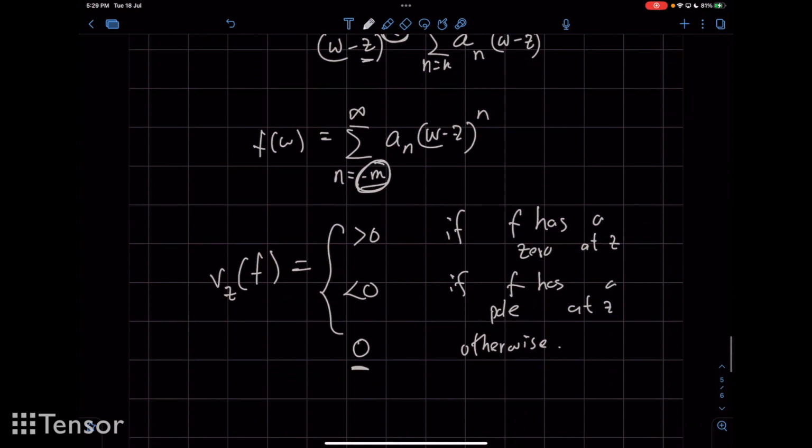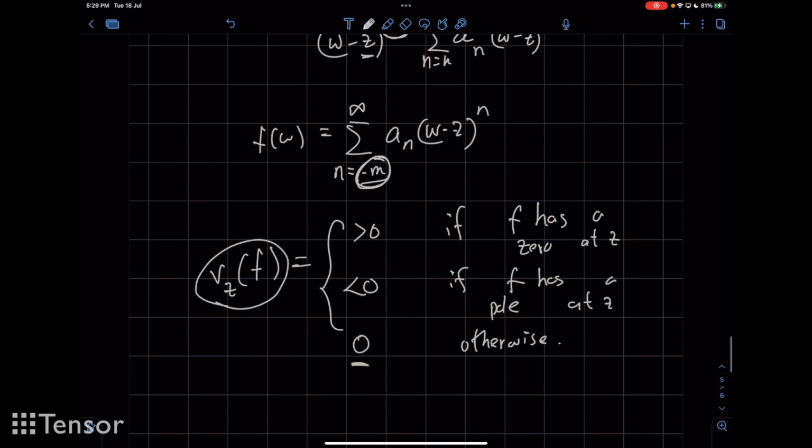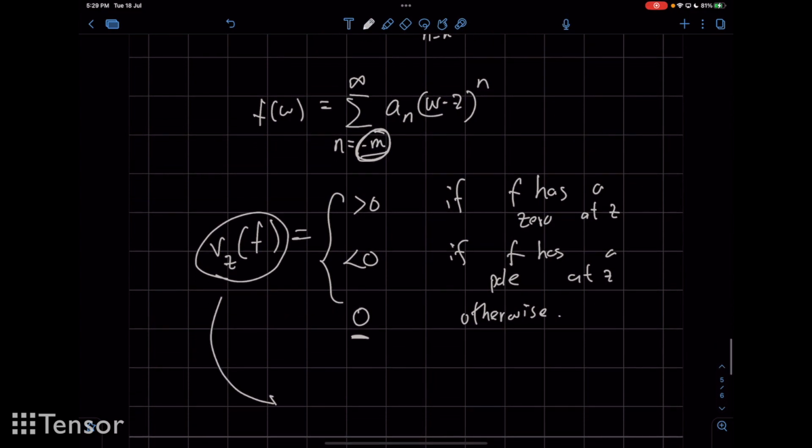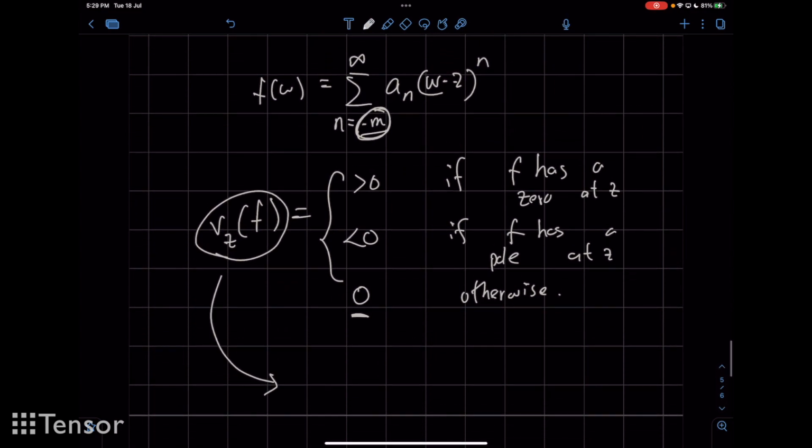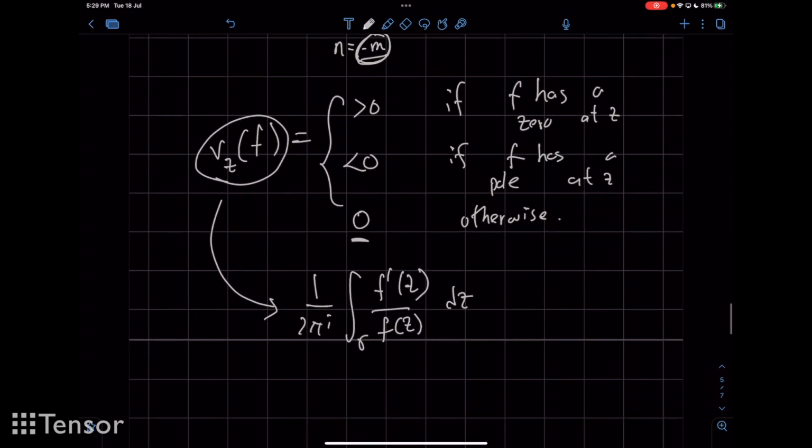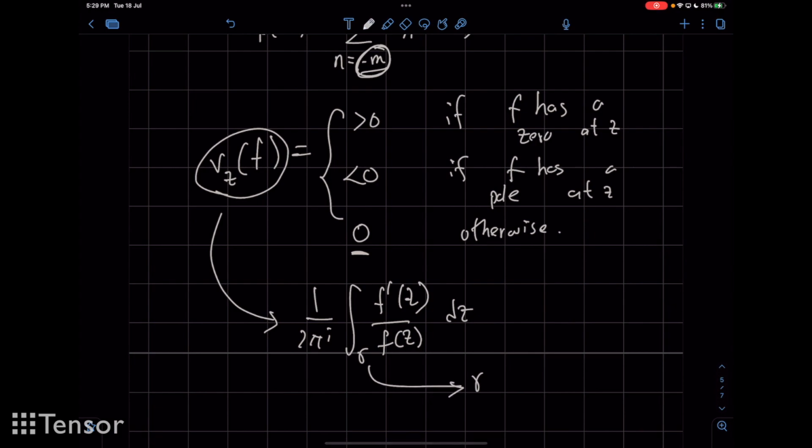But how do we compute this thing? There's a very beautiful formula to compute this number. Of course, this is an integer, right? And this integer is given by this integral, 1 over 2 pi i times the integral of f prime of z over f of z dz. And this integral is done over gamma.